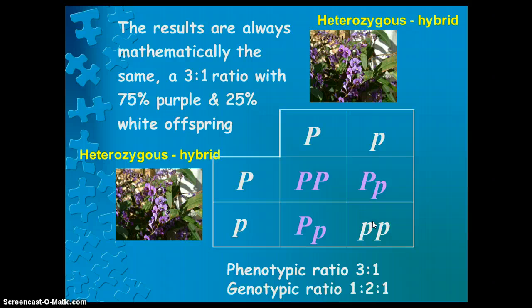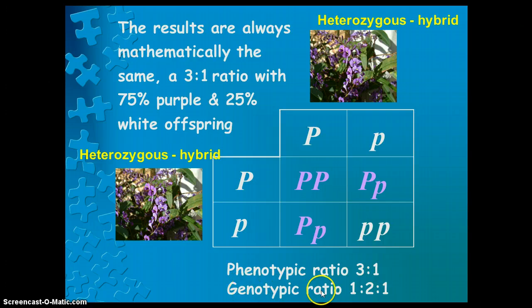Now if we're doing a ratio, we just look and we see 1, 2, 3 purple flowers to 1 white flower, okay? And that's our phenotypic ratio. And remember, our phenotype is the physical appearance of something. So what we can see, what it looks like. And these are purple flowers and these are white flowers, so that gives us a 3-to-1 ratio.